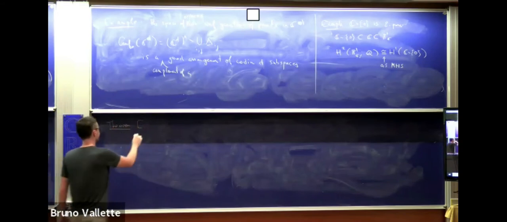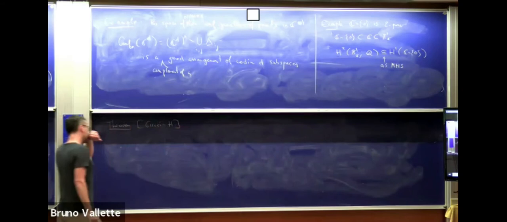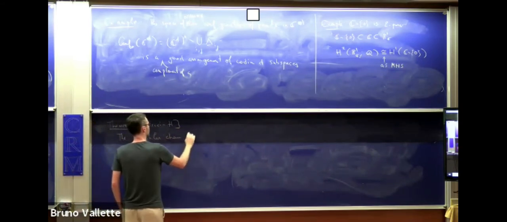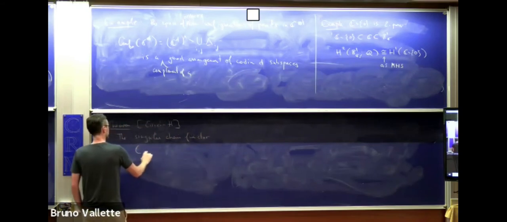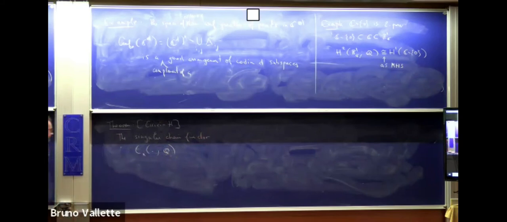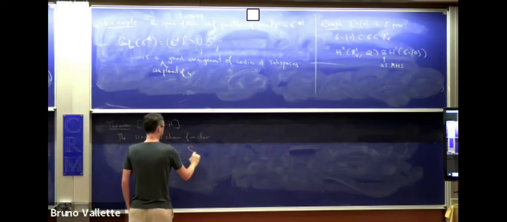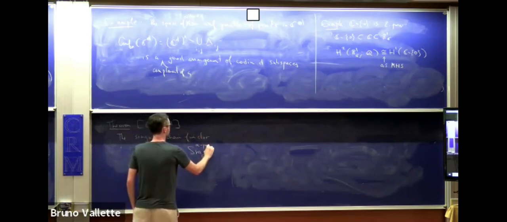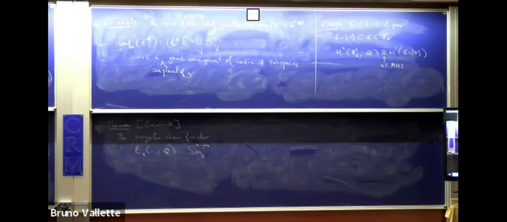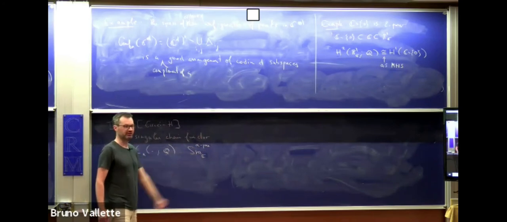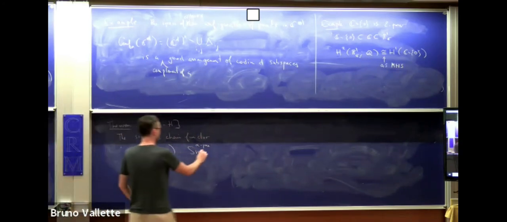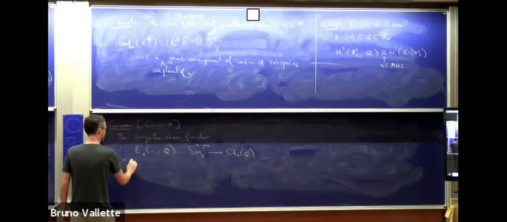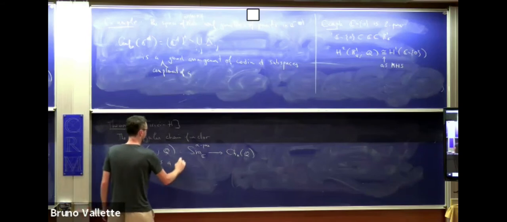The theorem we prove with Johanna is the following: the singular chain functor with Q coefficients, say on smooth varieties over C which are alpha pure, so hopefully the notation is self-explanatory, the full subcategory of the category of smooth varieties over C whose cohomology is alpha pure, to chain complexes over Q, is formal as a lax monoidal functor.